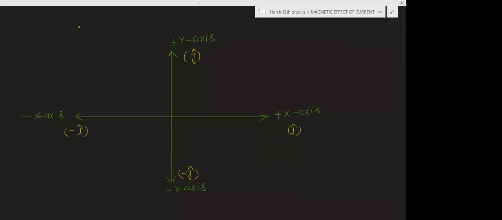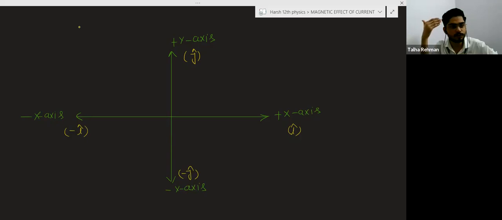These unit vectors will be used for defining the direction of the magnetic field. If I have written the magnetic field in terms of i cap, it means the magnetic field is along the positive x-axis. If I have written it in terms of minus j cap, it means the magnetic field is in the direction of negative y-axis.